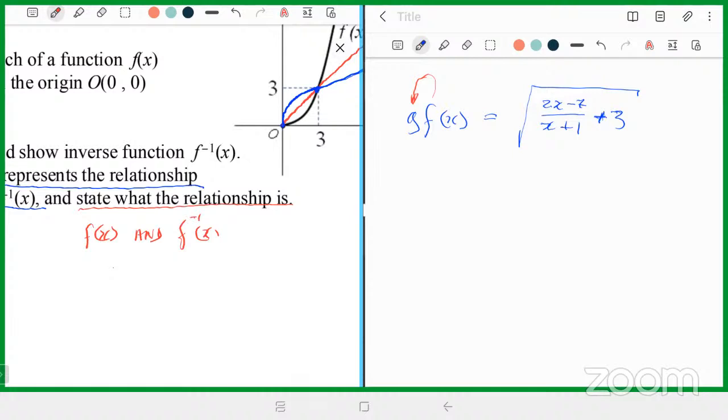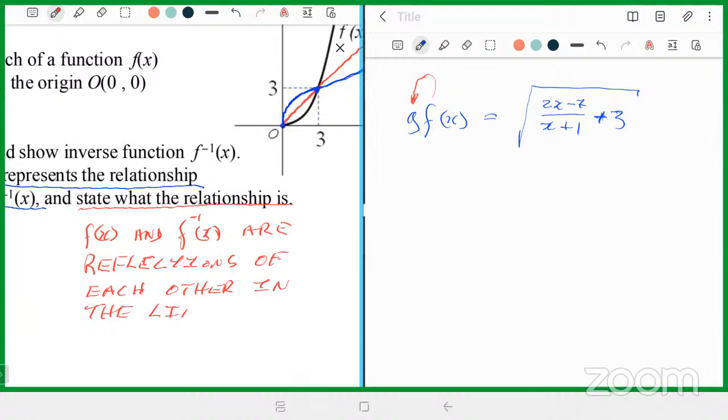Any function and its inverse are reflections of each other in the line y equals x. That's it.